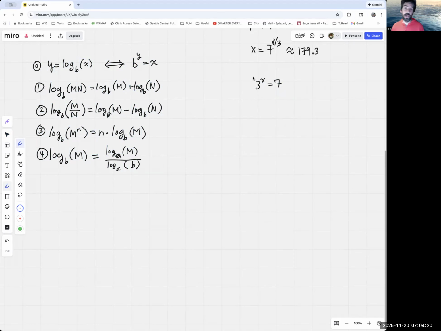But in any event, one way we might approach this problem is just taking the natural log of both sides. The reason I'm doing that is because the exponent that I'm trying to solve for is locked up as the exponent. And by taking the natural log, really taking any logarithm, it brings that exponent down because of property 3.